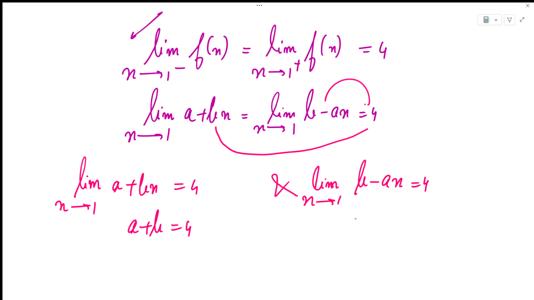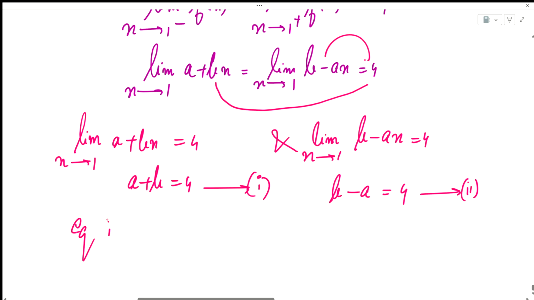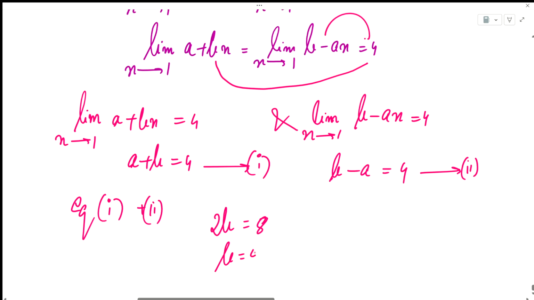This is gonna give me b minus a equal to 4. This is equation 1, that is equation 2. So if I add equation 1 and 2, a and minus a will cancel out, b plus b is 2b, 4 plus 4 is 8, and b is equal to 4. My b is basically equal to 4, right?